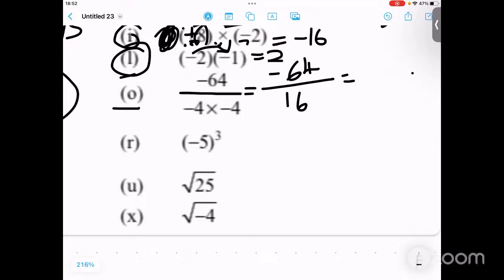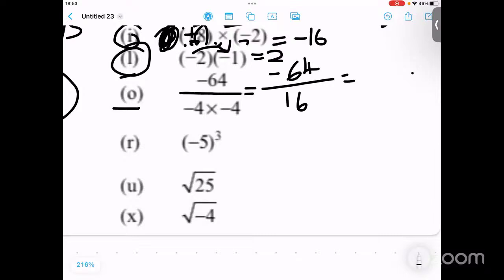Ma'am, can I speak? So first, ma'am, you're going to do negative 64 divided by negative 4, which is going to give you 16, because 4 goes into 64 16 times.